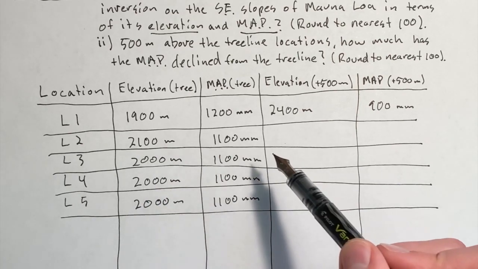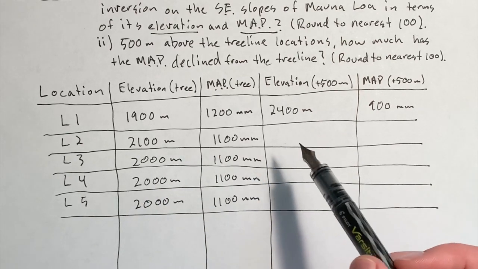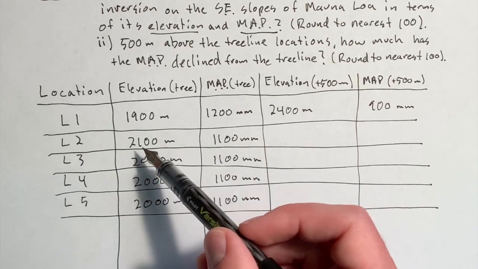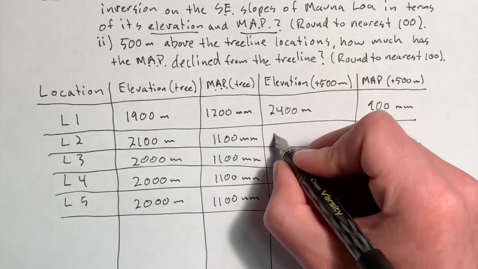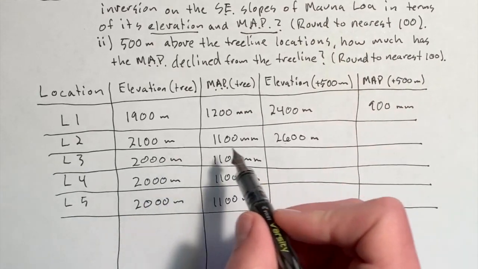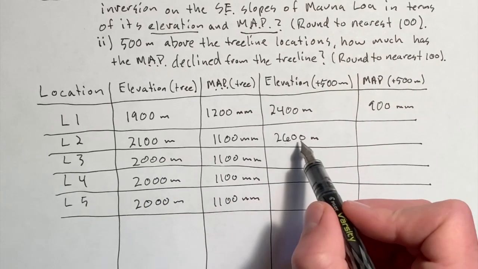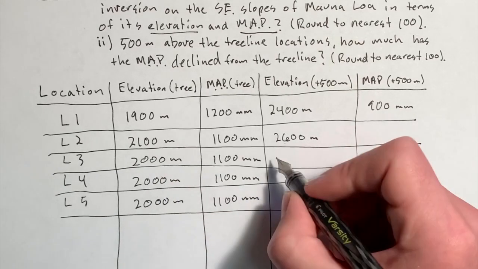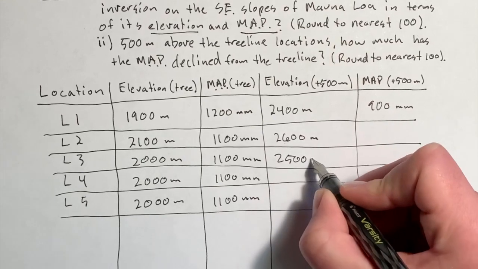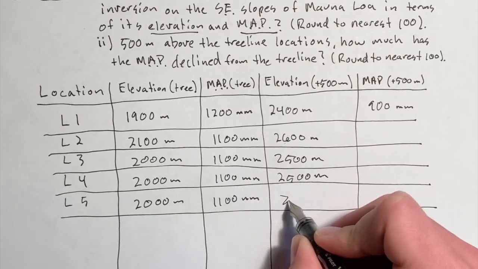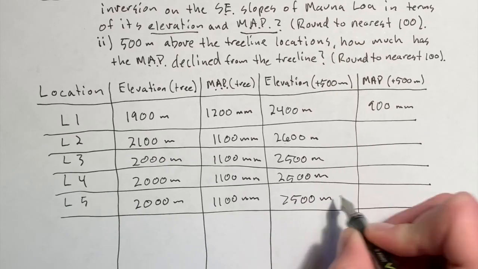So for these locations, plus 500 meters, you're going to walk your avatar up the slope. So 2100 plus 500 is 2600 meters. So you're just going to walk your avatar up 2600 meters and record the mean annual precipitation. These are all going to be 2500 meters, 2500 meters, 2500 meters.